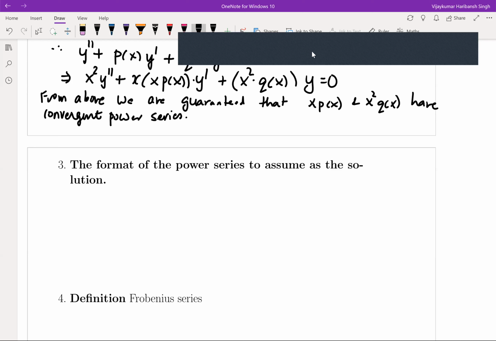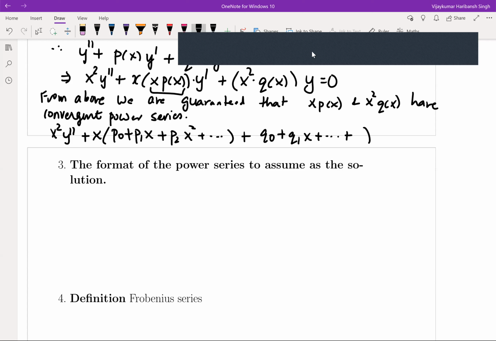So now we have x squared y double prime plus x times the convergent power series p0 plus p1 x plus p2 x squared, dot dot dot, these being the coefficients, plus q0 plus q1 x, dot dot dot, times y prime and y, equals 0.